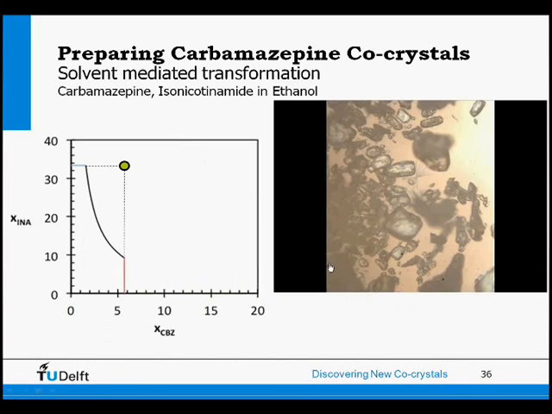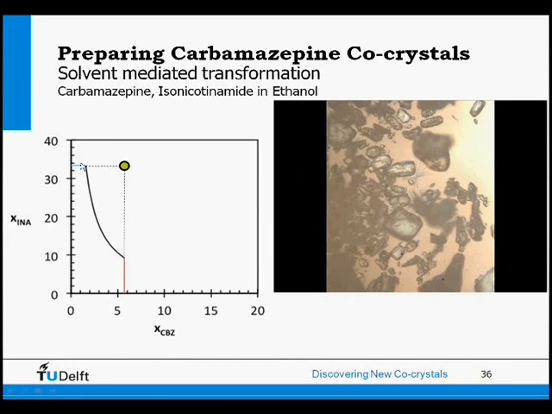Okay. So one thing you can do if you know the phase diagram is to prepare a composition here in this point. So you add pure crystals of carbamazepine to a microscopic vial in such a way that you get this concentration in the end if you also add the solvent.